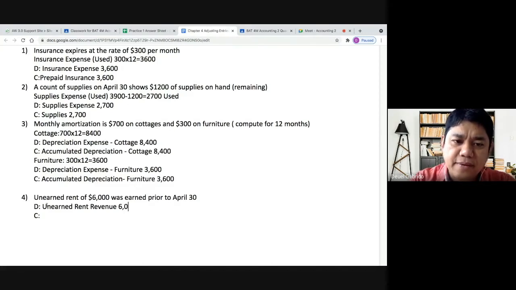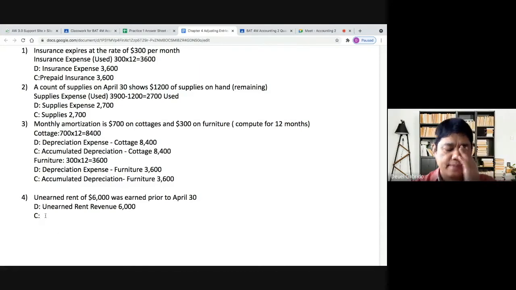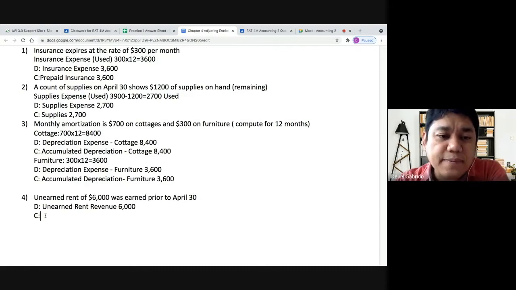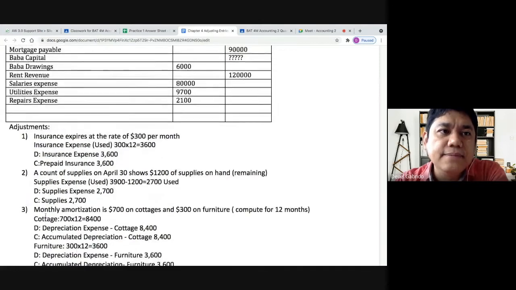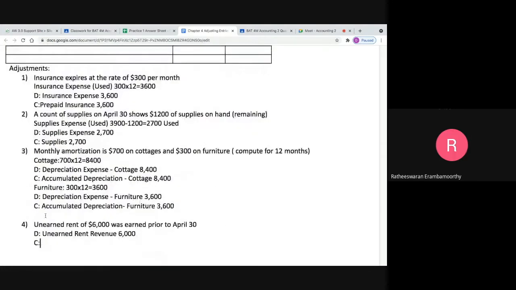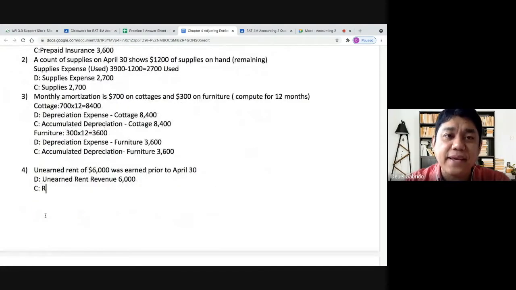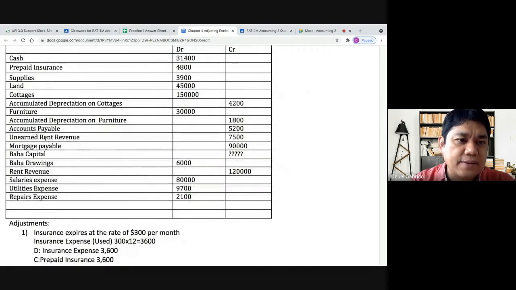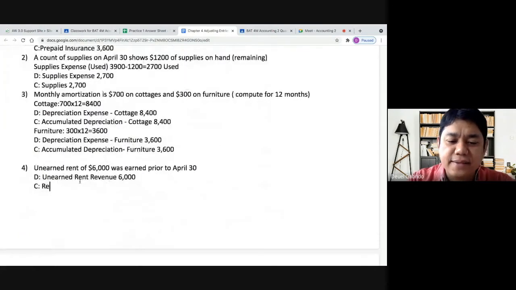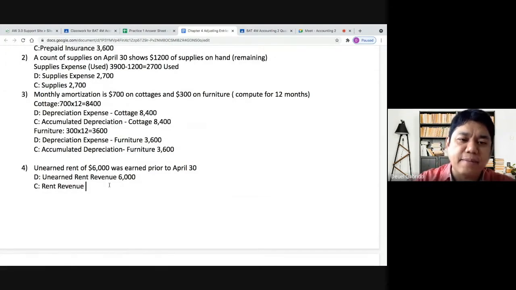Okay, what must be the credit? What must be the credit? Revenue account. Okay, and what's the name of the revenue here? It's called rent revenue. So I'll put rent revenue as your credit, and then the amount is 6,000.